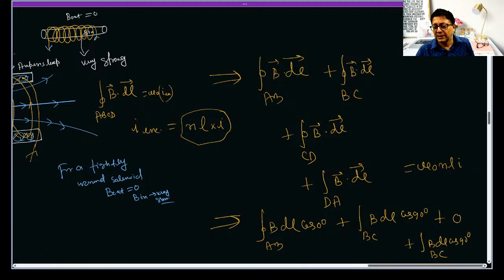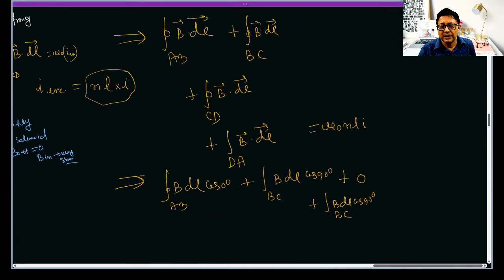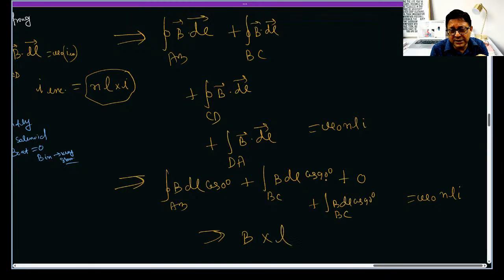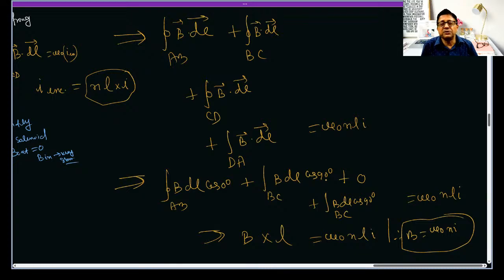Clear? This is mu0 NLI. So B is a constant, it will come out. The integration of dl is L, equal to mu0 NLI. So B is mu0 NI. This very strong magnetic field, mu0 into N into I, is found at the center of the solenoid. Clear? Understood?